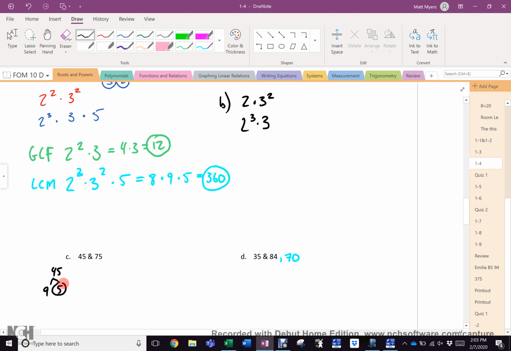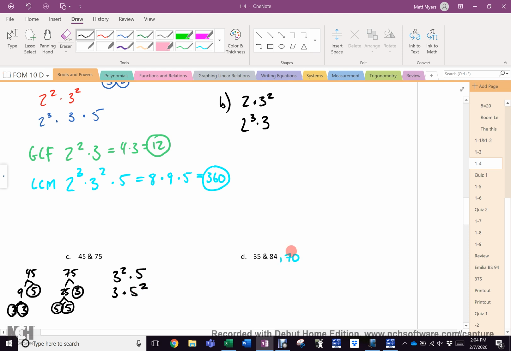9 and 5. 3 and 3. So it's 3 squared times 5. 2 of you can go. I said 2 of you can go. So that one is 3 times 5 squared.